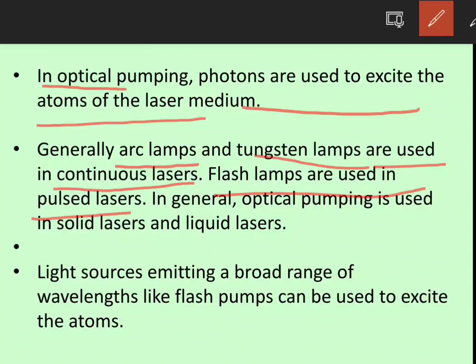Optical pumping is generally used in solid lasers and liquid lasers. Whatever light source emits a broad range of wavelengths, like flash pumps, can be used to excite the atoms.